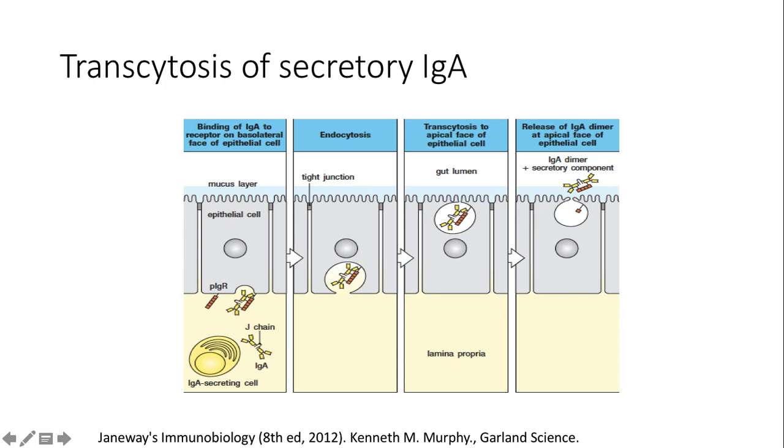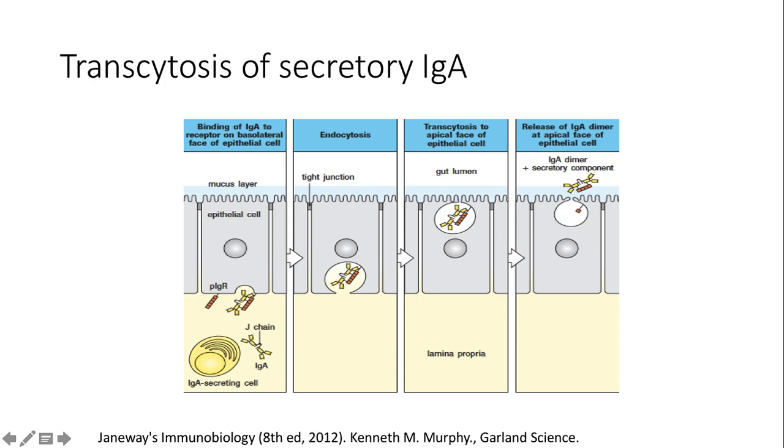The IgA has to be transported across the epithelium by the polymeric immunoglobulin receptor. The bound complex undergoes transcytosis, by which it is transported in a vesicle across the cell to the apical surface.